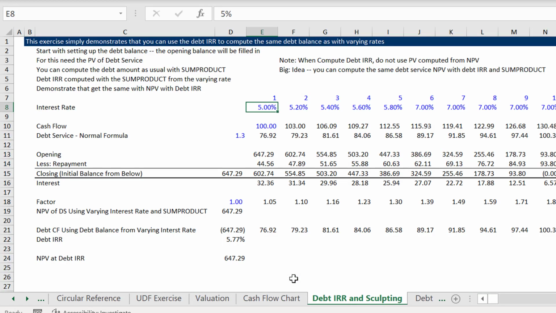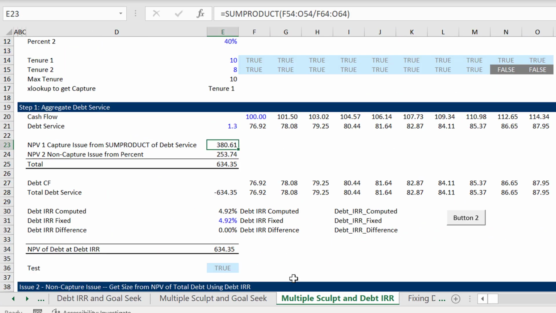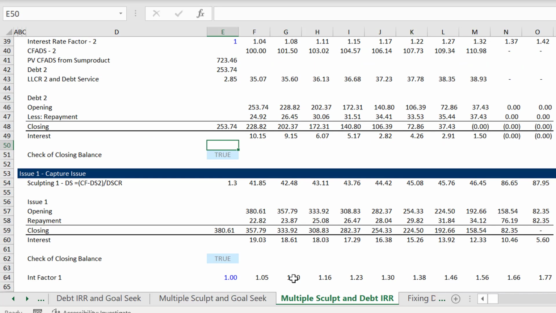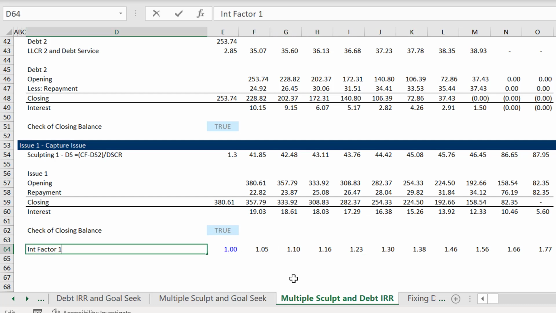Okay, so where were we? Again, I'm repeating myself, but we get the NPV of the capturing debt issue, and that NPV is the interest rate factor for the capturing debt issue.